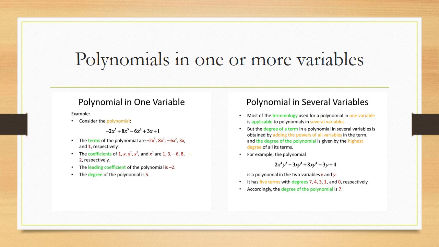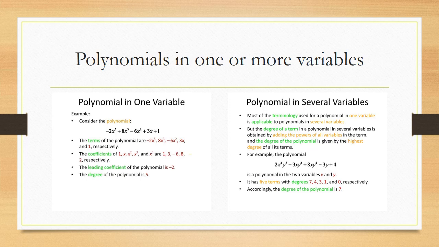Polynomial in several variables. Most of the terminology used for a polynomial in one variable is applicable to polynomials in several variables. But the degree of a term in a polynomial in several variables is obtained by adding the powers of all variables in the term. And the degree of the polynomial is given by the highest degree of all its terms.